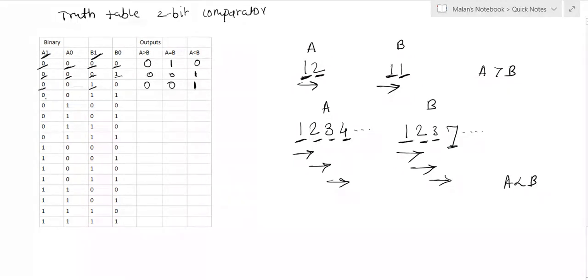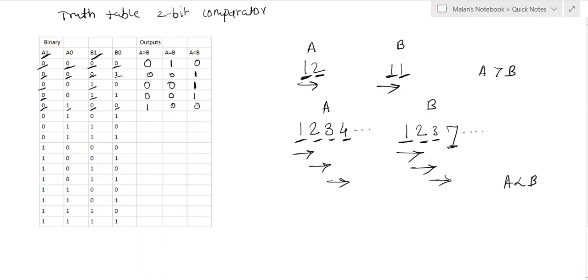Similarly for the next number, A1 is 0, B1 is 1, so B is greater than A, output is 1, remaining 0, 0. Now for the next number, A1 is 0, B1 is 0, both are same, so the comparison is shifted to the next bits. Now A0 is 1, B0 is 0, so A is greater than B, output will be 1 and the remaining are 0.